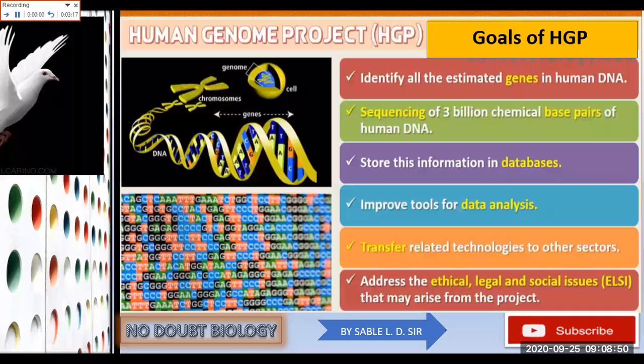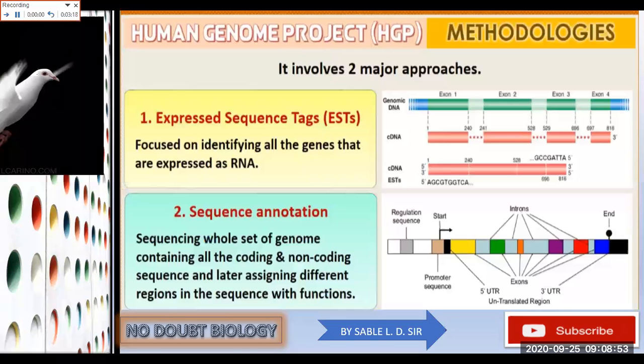What are the goals of the HGP? Behind the study of the human genome, what are the goals? The Human Genome Project involved two major approaches.